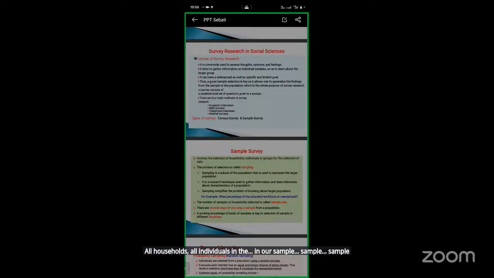When some portion of the study universe is selected for a study, the process of selection is called sampling. That means the way we select, the process we follow to select individuals, groups, or households is known as sampling. It is clearly written here.